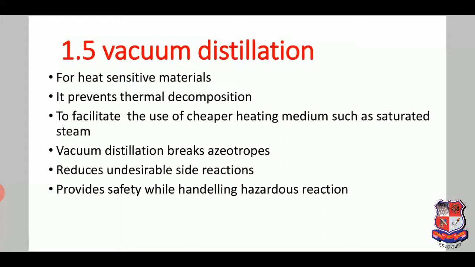If we use vacuum distillation, then the operating temperature will go down because the boiling point goes down. Thus, we need a cheaper heating medium such as saturated steam. We don't need heating oils or higher types of heating medium.